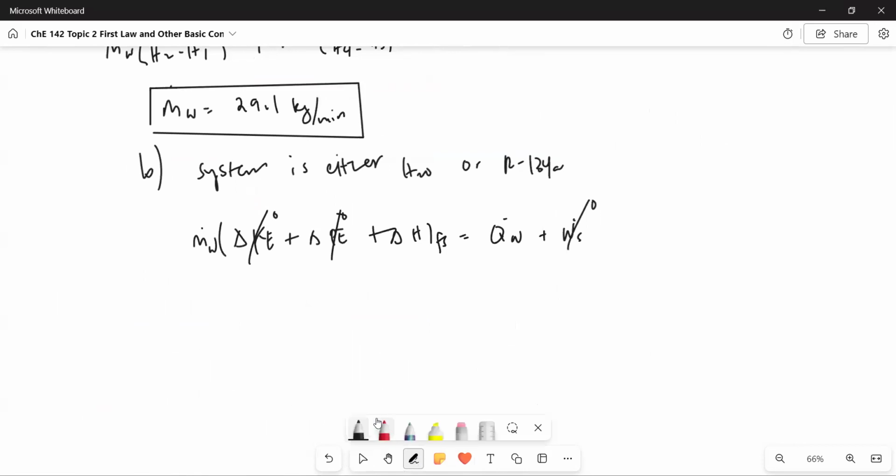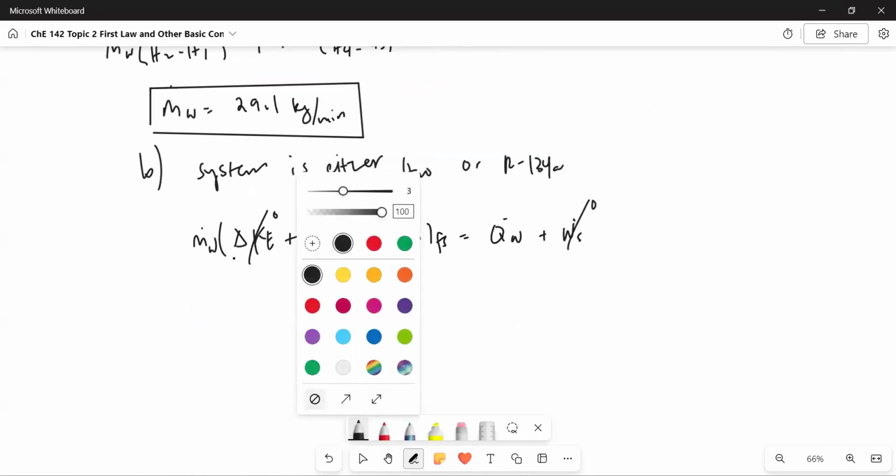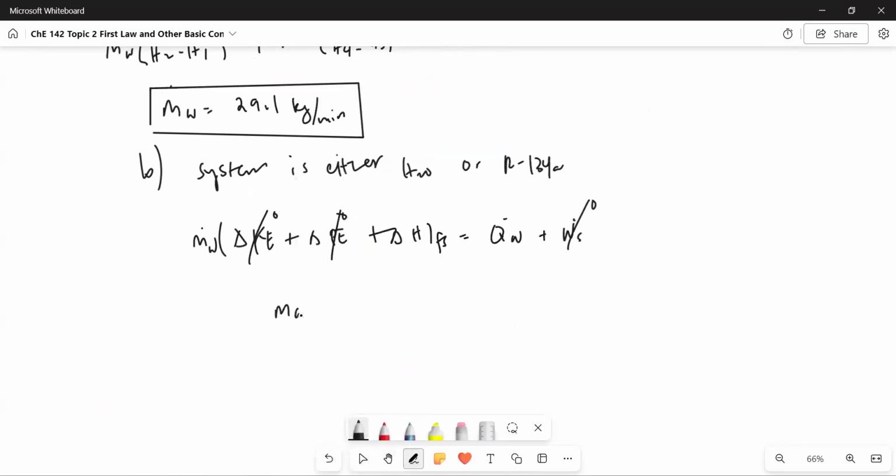So with that, our equation simplifies to M delta H of the flowing stream equal to Q of water.